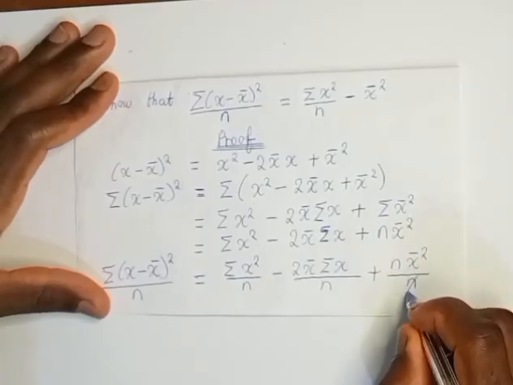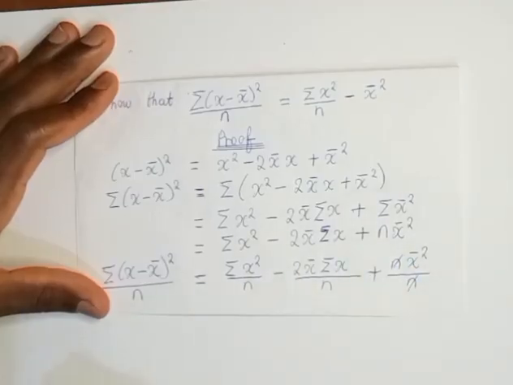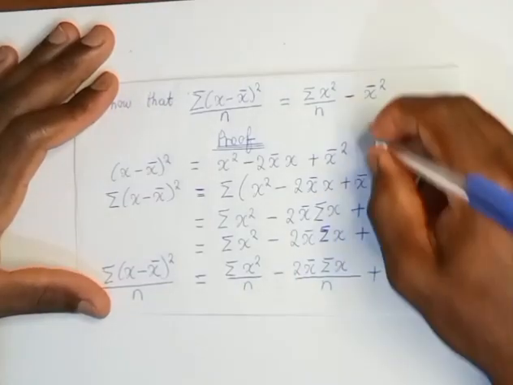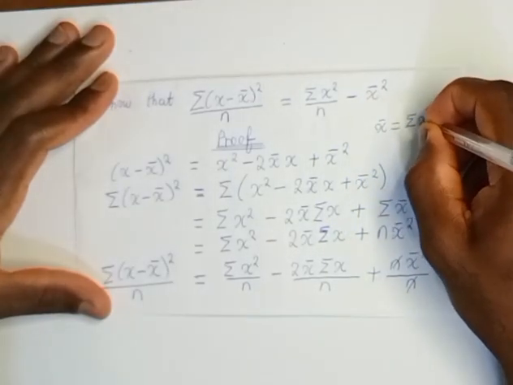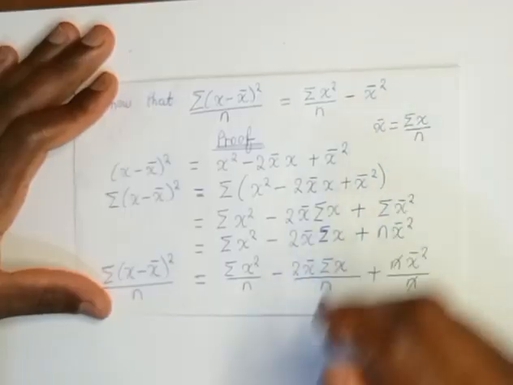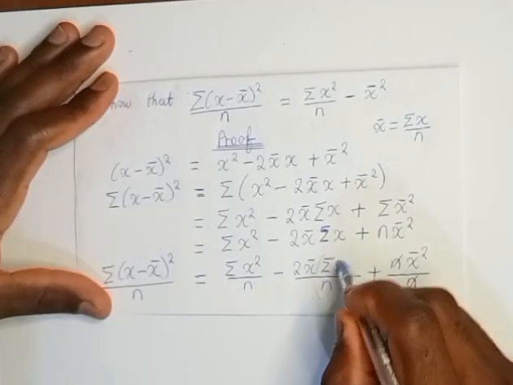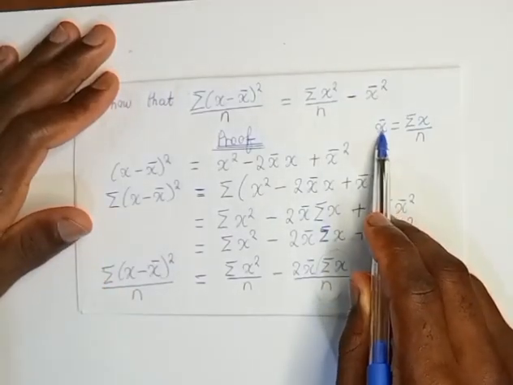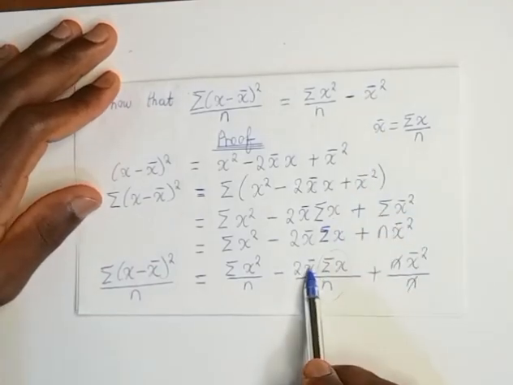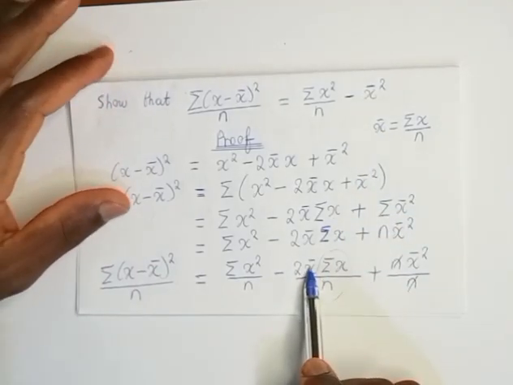Here you see that n will strike off this n. Then recall the following. We know that x bar is simply equal to summation x divided by n. So that means if you take this, it gives you x bar. We are going to replace with x bar. X bar times x bar gives x bar squared.